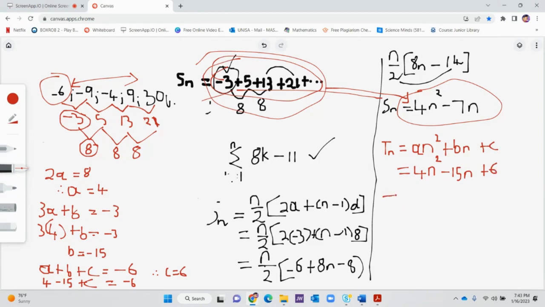And then what was needed was Q129, which will then be equal to 4 times 129 squared, minus 15 times 129, plus 6.